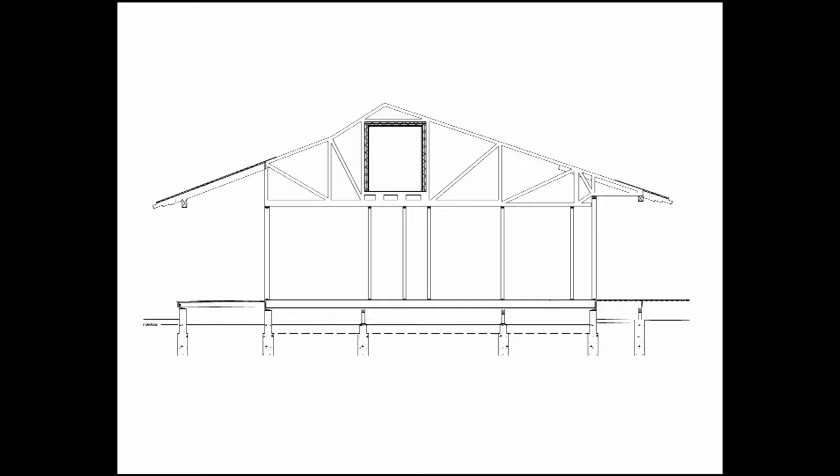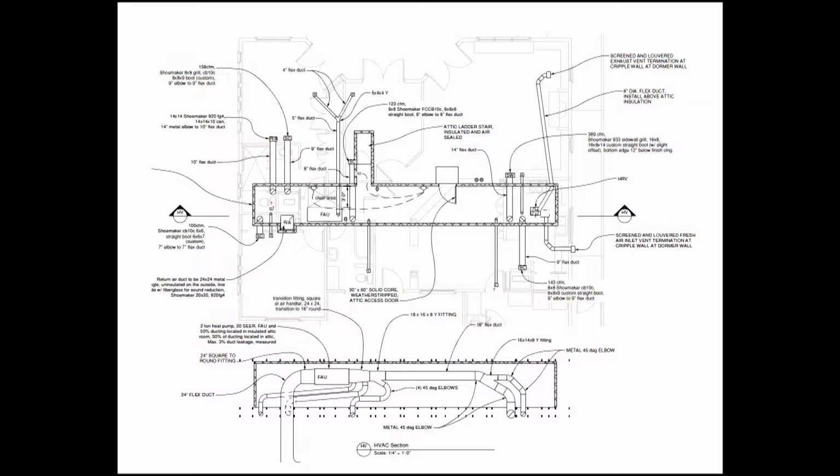Let's go to the next slide. This mechanical room runs the width of the house. So not only do I put the air handler and the HRV in there, I get half the ducting inside this R25 insulated space.